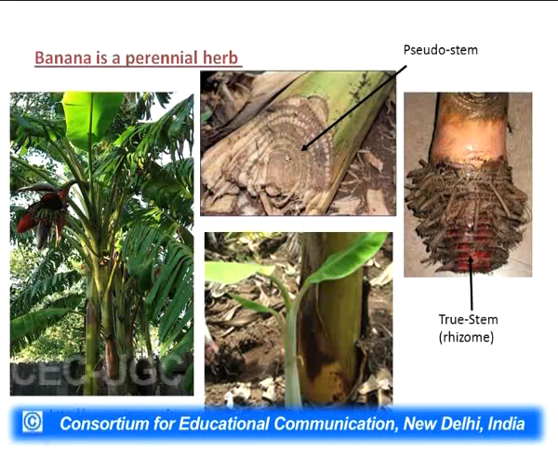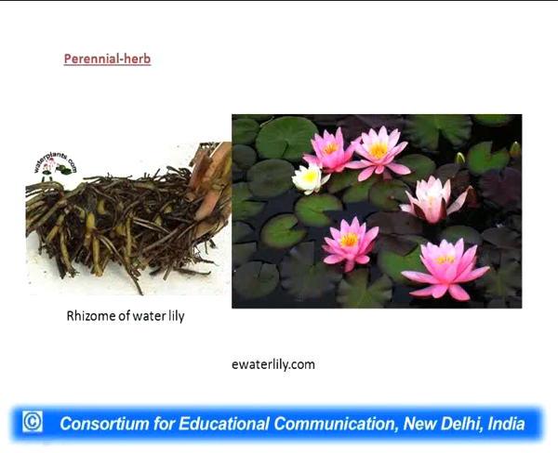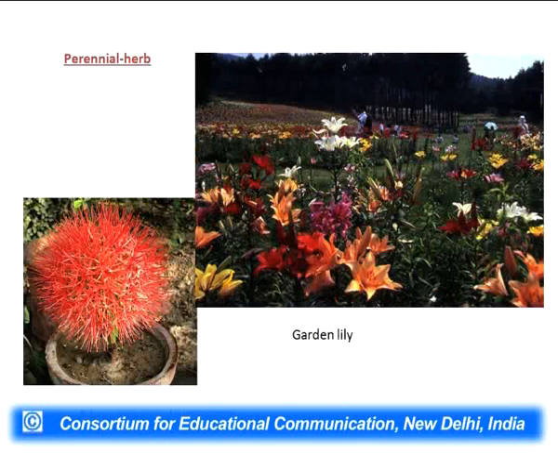So, this big banana plant is a branch and the new one is a second branch on the stem. Similarly, in the case of this water lily or perennial herb, the main stem is underground, and as branches, one after another new plants keep coming.